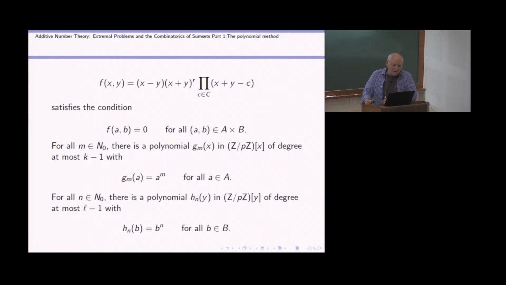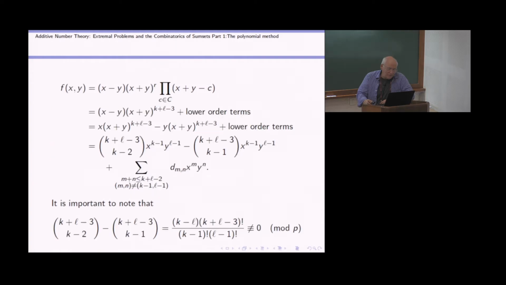For every m in N naught, for every non-negative integer, you take your polynomial g sub m of x, of degree in x at most K minus 1, and g sub m of a is a to the power m. And for every n, you have a polynomial in y, h sub n of y, of degree at most L minus 1, with h sub n of b equal b to the n. And you plug them in wherever you have to.